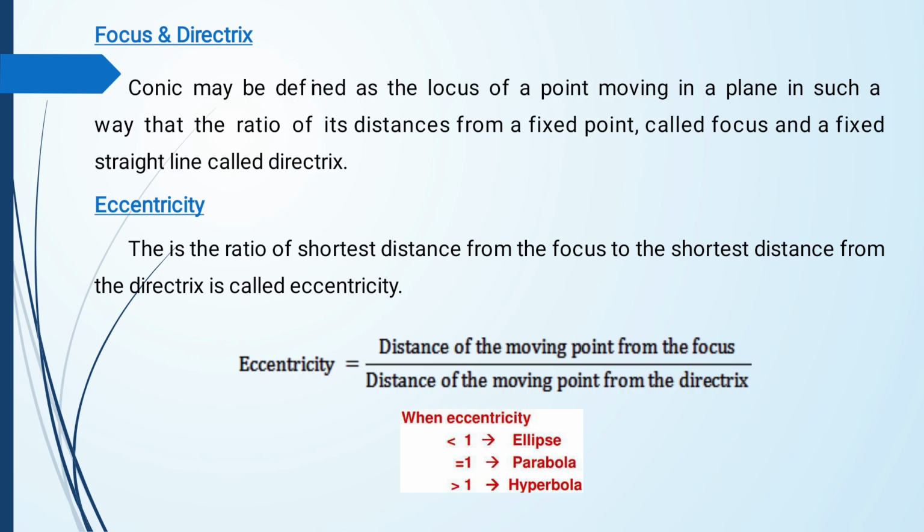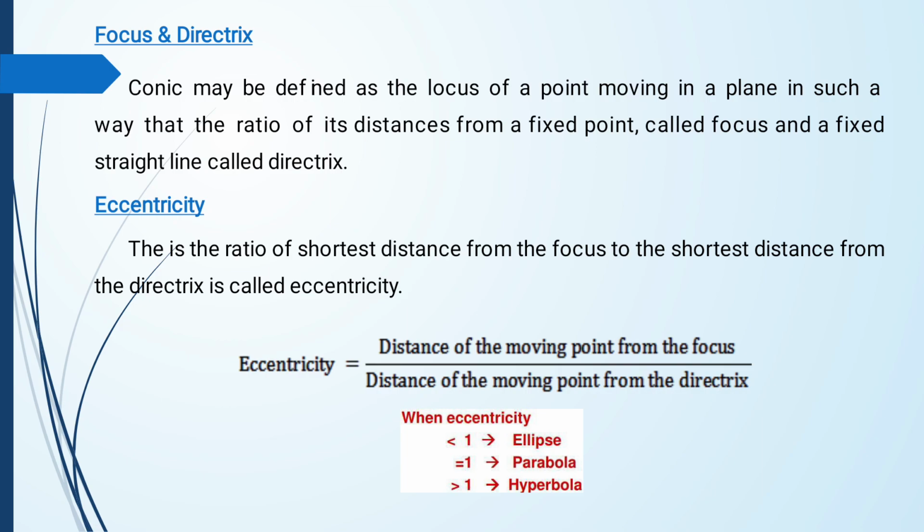The axis is called the fixed straight line or directrix. So these are the three important parameters for constructing an ellipse, parabola, or hyperbola: fixed straight line, fixed point focus, and movable point locus.